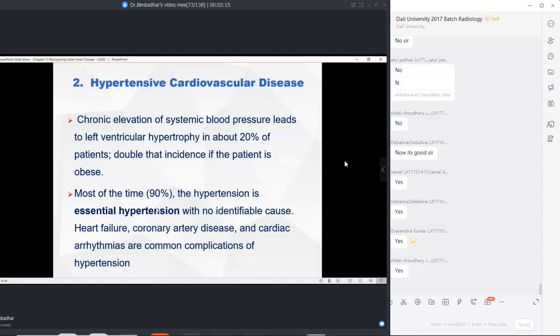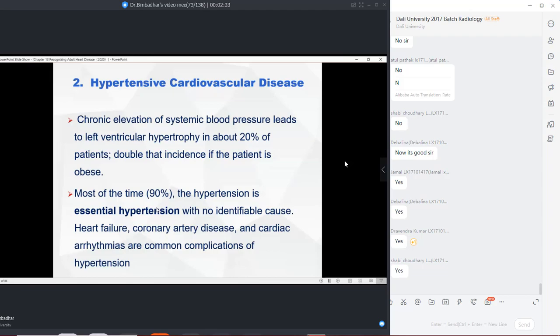But if there is a cardiac component involved, or some kind of condition like a thyroid disorder, if there is obesity involved, or if the renal system is involved, we call such hypertension secondary hypertension.